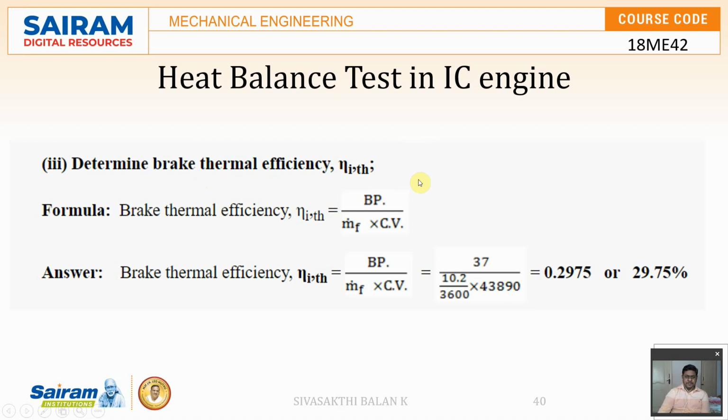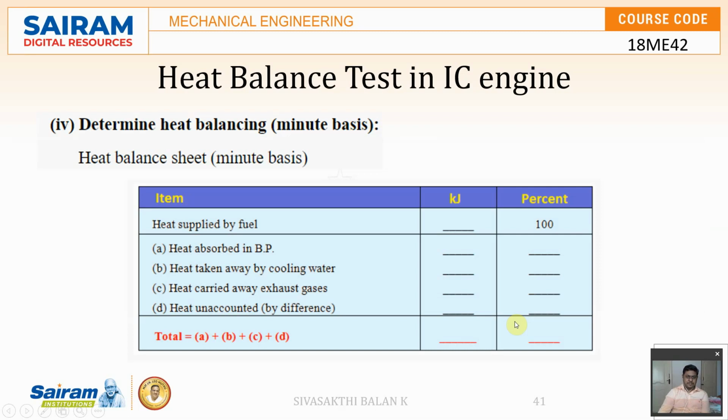The ratio between brake power, the output power, and the heat supplied, the input power, gives the efficiency, the brake thermal efficiency, on the basis of brake power. So we know all the values; substitute the values given in the problem as well as the calculated value of BP, and we get 29.75 percent as the brake thermal efficiency for this given test.